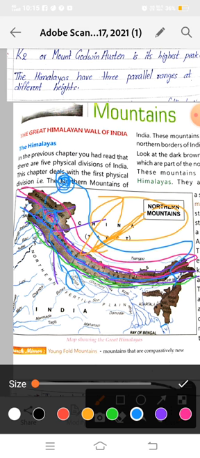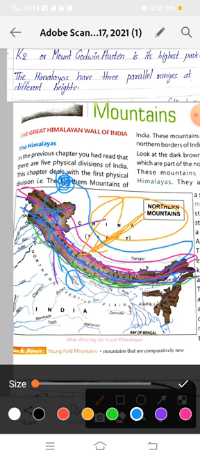The Satluj river and the Brahmaputra river are also known as the trans-Himalayan rivers. Trans-Himalayan rivers are rivers which originate from the outer side of India and then enter India. So we have completed the revision of this chapter.